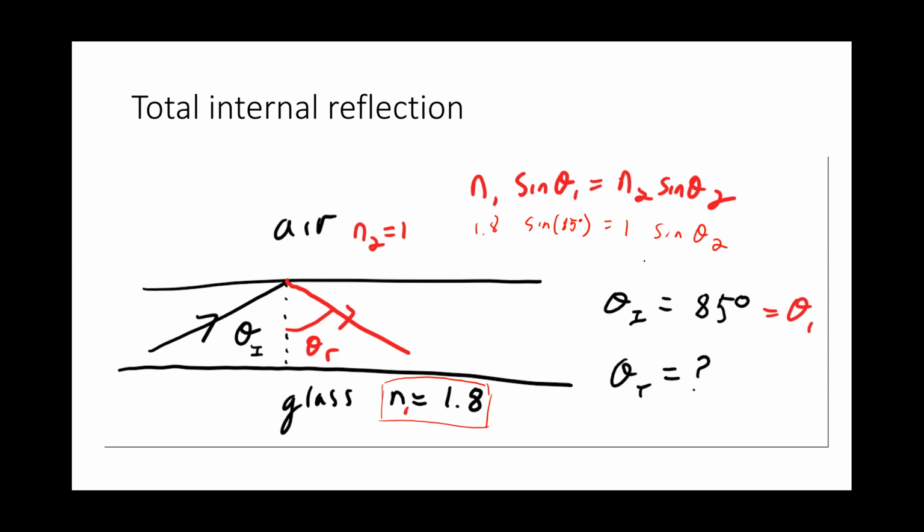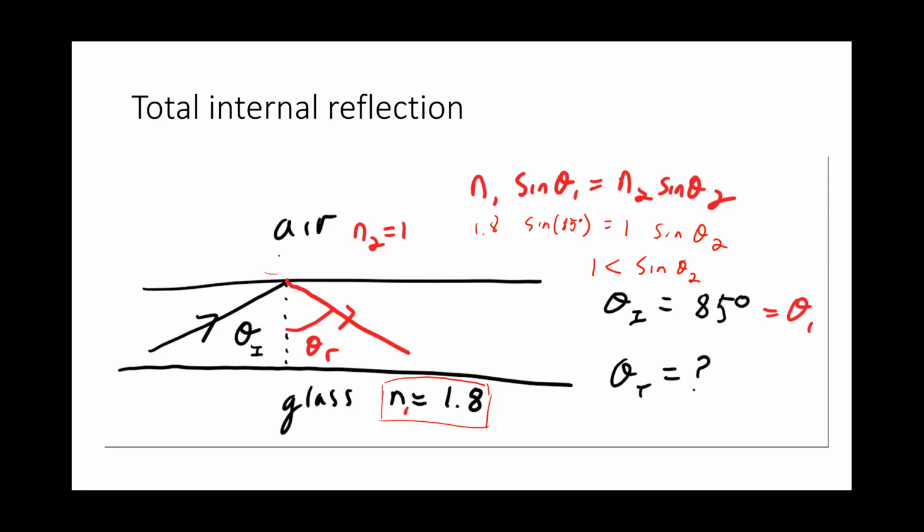I end up with this condition where sine of theta 2 is now supposedly bigger than 1. That's a problem because there's no angle that gives me a sine bigger than 1. So it's not that the equation has blown up and is now wrong, but actually that there is no theta 2.